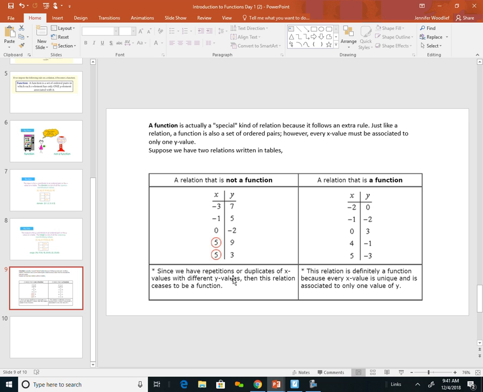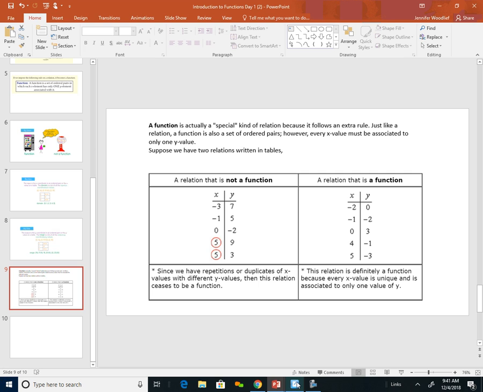So therefore, this is not a function any longer because I have a value of 5 that is going to two different y values. So there again, it is not a function. This one over here is a function because in the set of data that we have, none of my x values are repeating to a different y. Okay, we only have one of each, so therefore we know they go to one unique y.